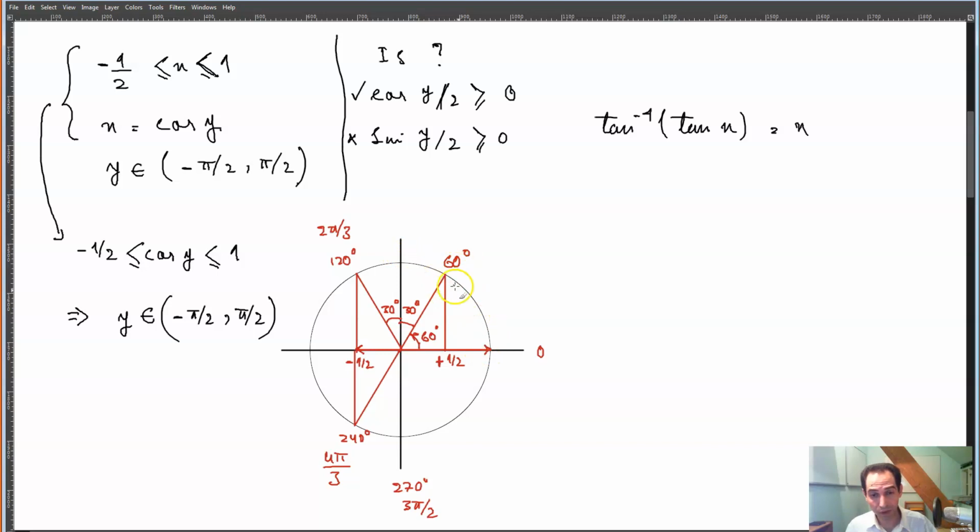I will be limited to only the first quadrant, meaning that I can say that y belongs to, for example, only 0 to pi by 2. Otherwise the sine of y divided by 2 will not be basically a positive value. So this is the problem with this problem.